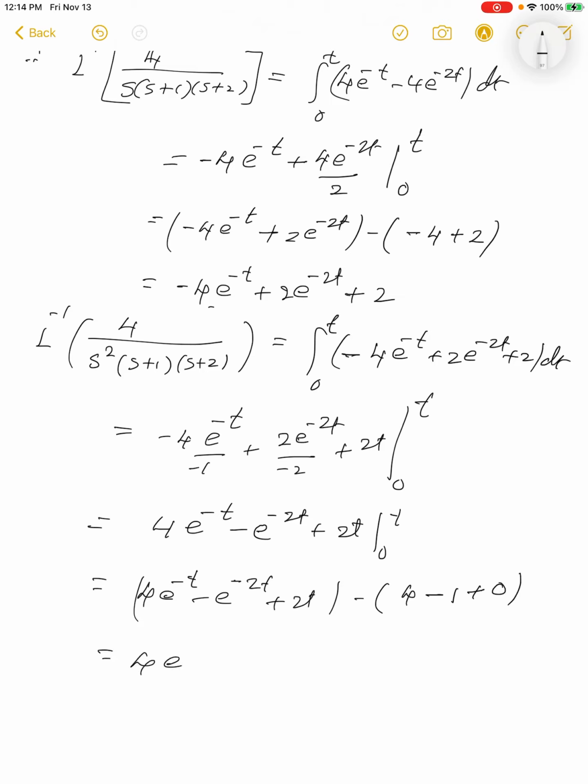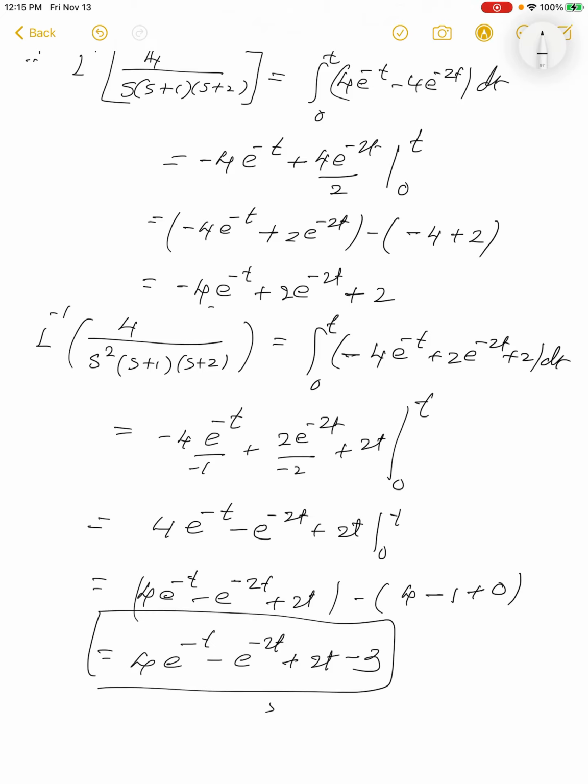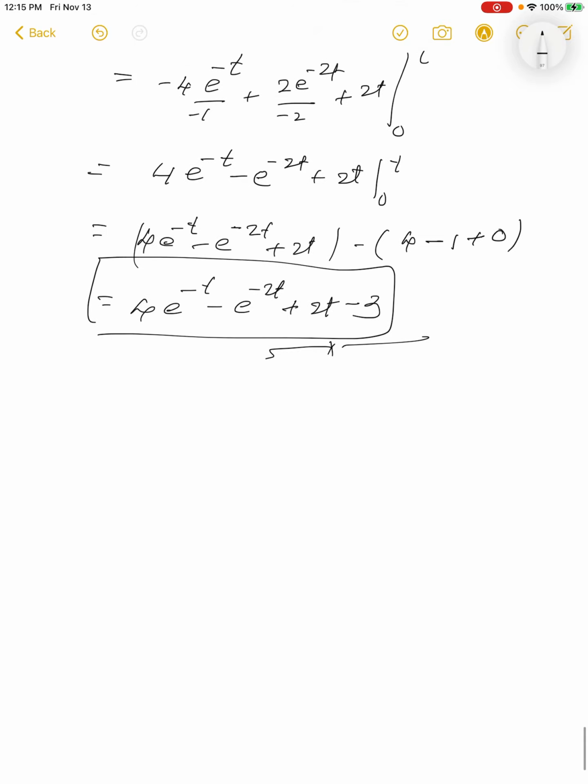So this will give me 4 e to the minus t minus e to the minus 2t plus 2t, and the sum will be minus 3. I think I'll stop here.